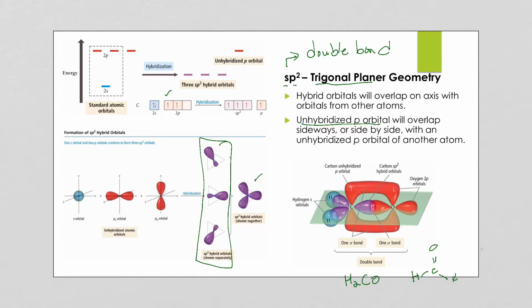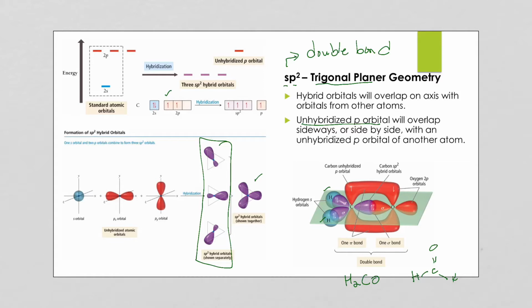If we look at the bonding scheme, we see our carbon. It has the 3 hybrid orbitals shown here in purple. 2 of those hybrid orbitals take their unpaired electron and pair it with a hydrogen 1s orbital, with its unpaired electron, and we form the 2 CH bonds. The other hybrid orbital forms a bond with the oxygen.